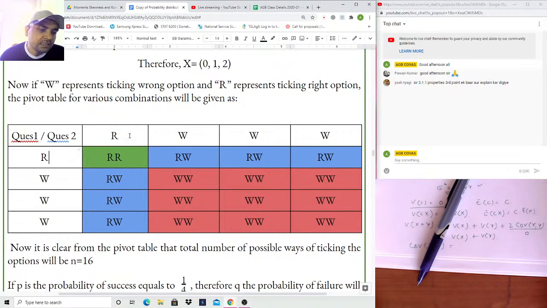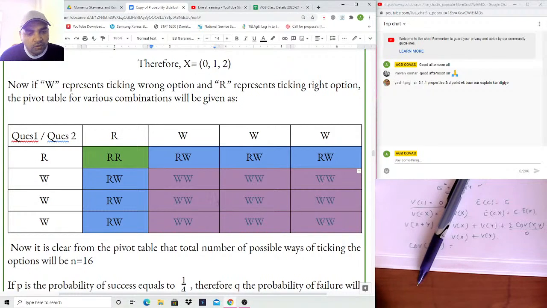Let us consider that one of them is the correct option, that is the right option, and the others are wrong options. So the candidate will either do both questions correctly, or the first question right and the second wrong, and similarly here it is right, wrong. In these cases both questions will be wrong.